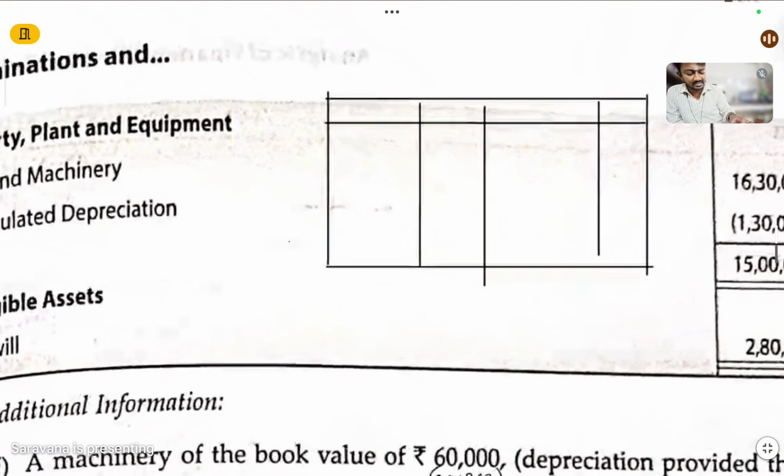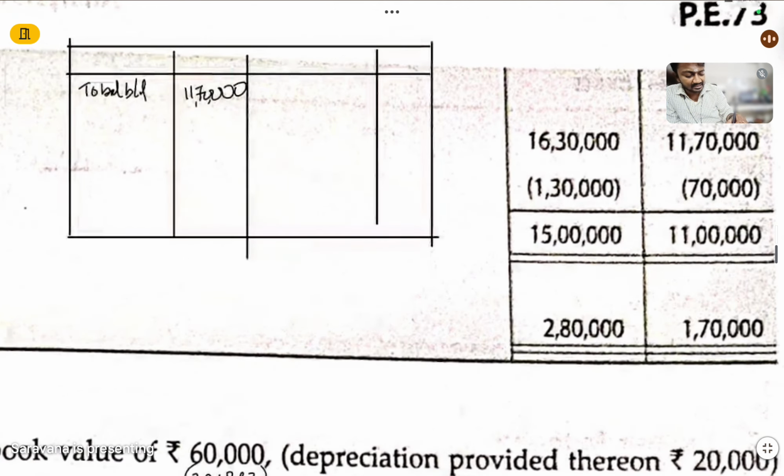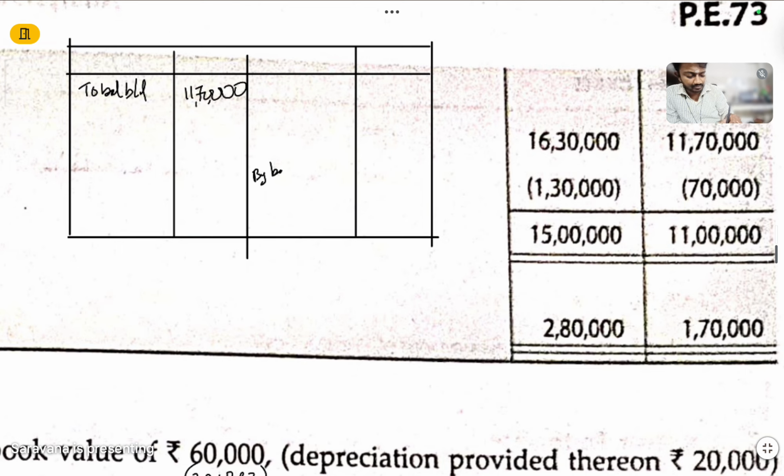What is the opening balance? 11 lakh 70,000, balance brought down. Closing balance? 16 lakh 30,000.